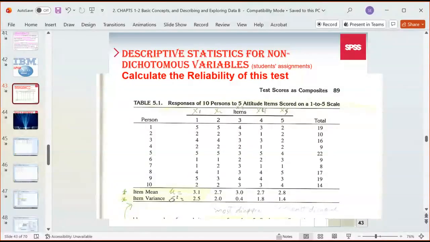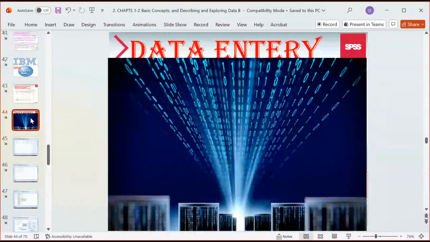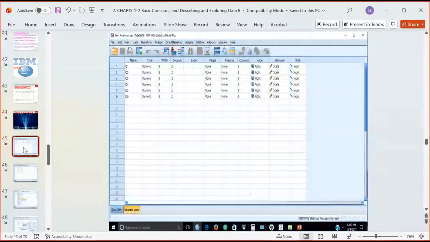Try to make meaning. How do we do this? It's called data entry. You open your computer, your SPSS, and you go to Variable View, click on it. It's always the same. Instead of item, you write Q for question: Q1, Q2, Q3. You write your questions in the first column.